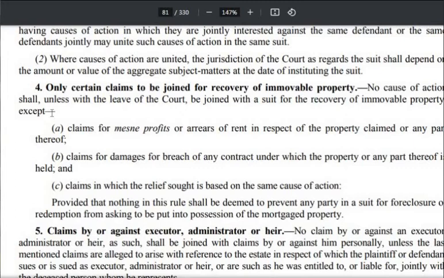The following cause of action can be joined even without the permission of the court in a suit for recovery of immovable property.